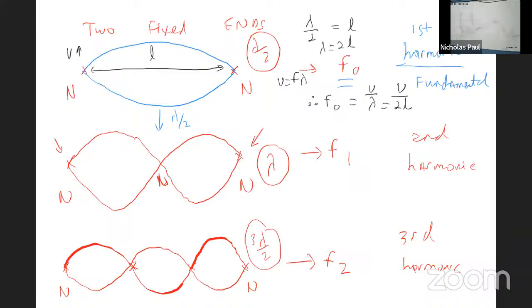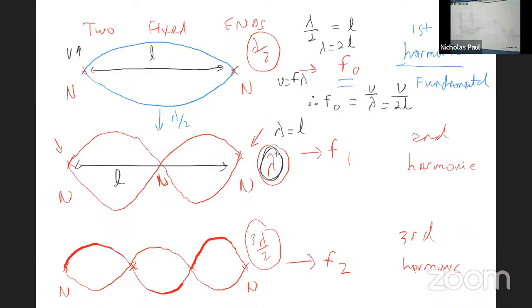Let's see what's going to happen for F1 now. As I said before, for F1 a whole lambda is equal to L, right? It's the same string, length L. It's just that now all of it is being produced as a whole wave. So lambda is equal to L. So therefore, look at what happens to the formula.